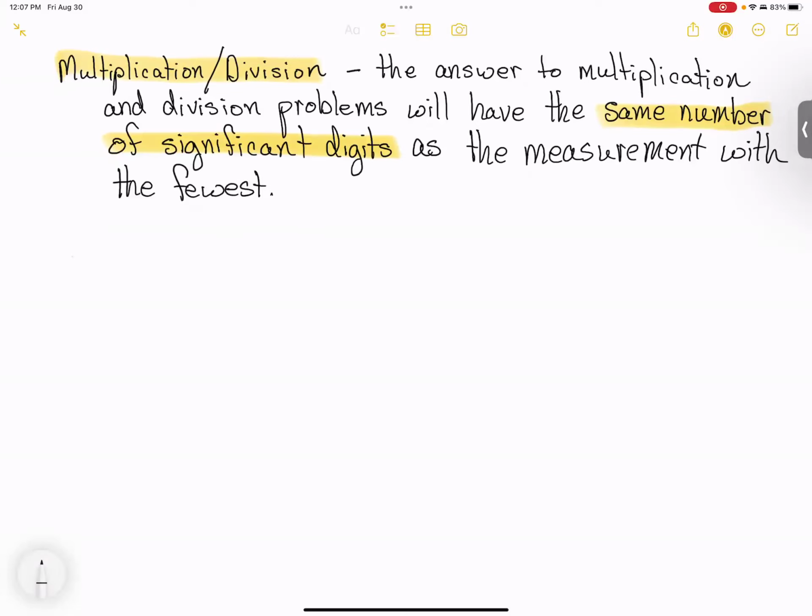The next rule is a rule for addition and subtraction.